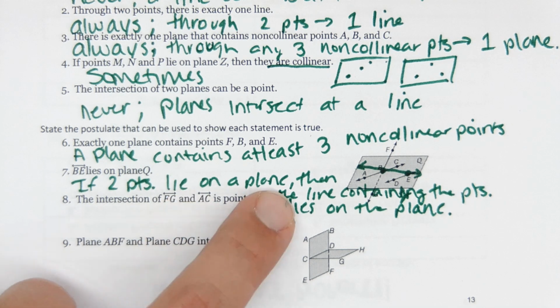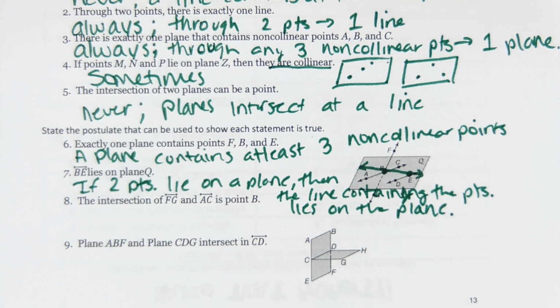So if 2 points lie on a plane, then the line containing the points lies on the plane.